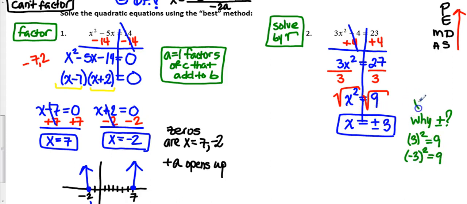So if you think about x squared equals 9, when I take the square root, I get 2 answers. It's because there are 2 answers for x that get me a 9. Positive 3 squared is 9, as well as -3 squared is 9. If you're using your calculator to try this out, remember that we need to use parentheses.